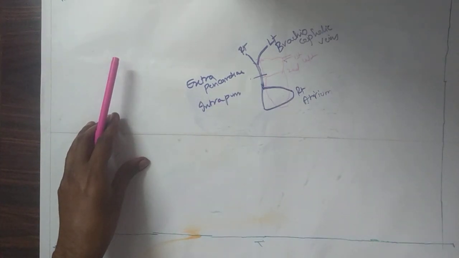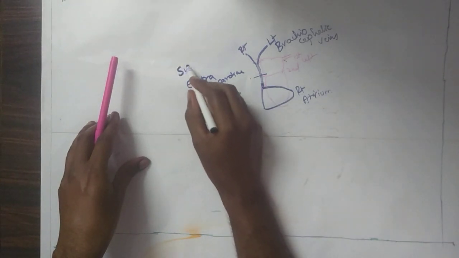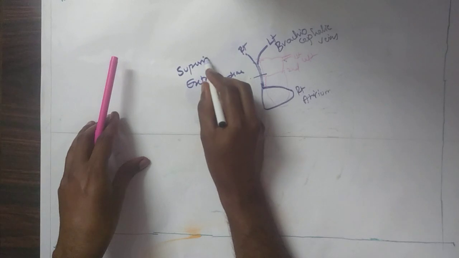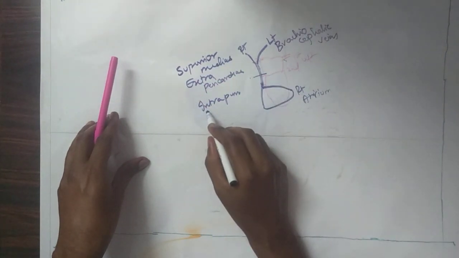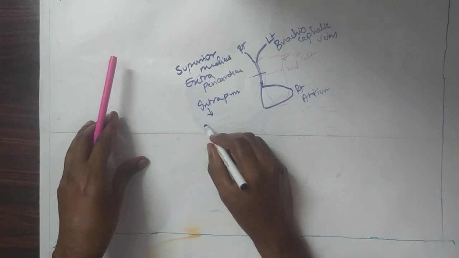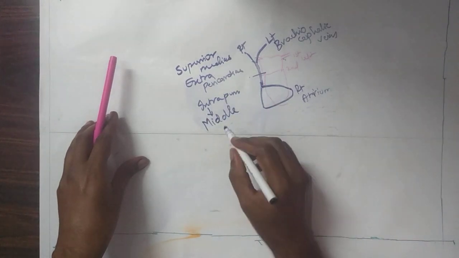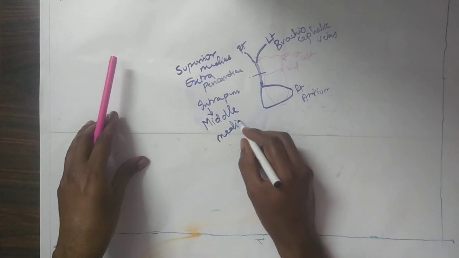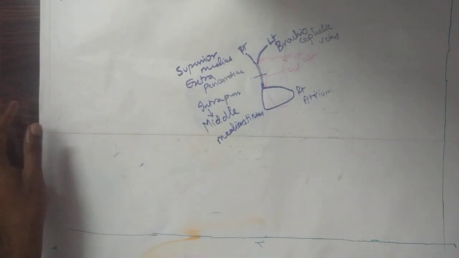The extra pericardiac part is present in the superior mediastinum, and the intrapericardial part is present in the middle mediastinum. The intrapericardiac part is enclosed within the pericardium.